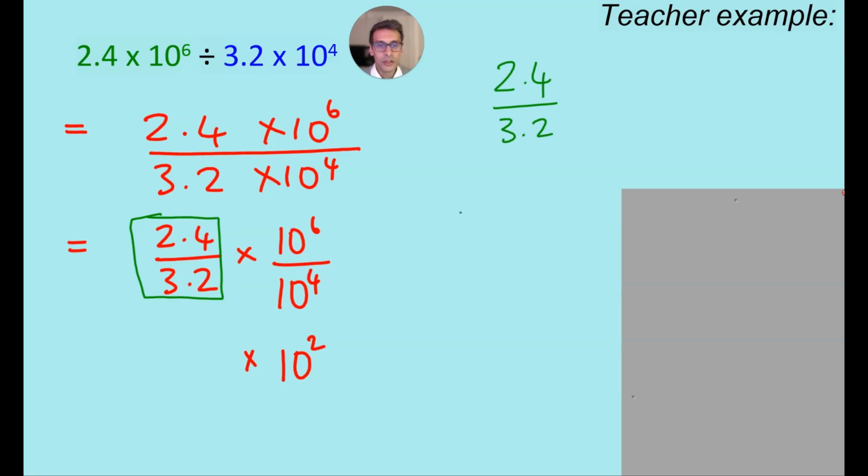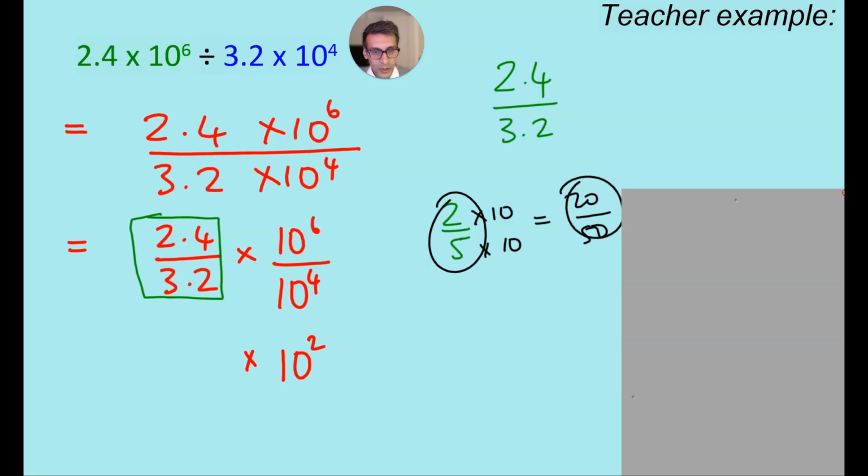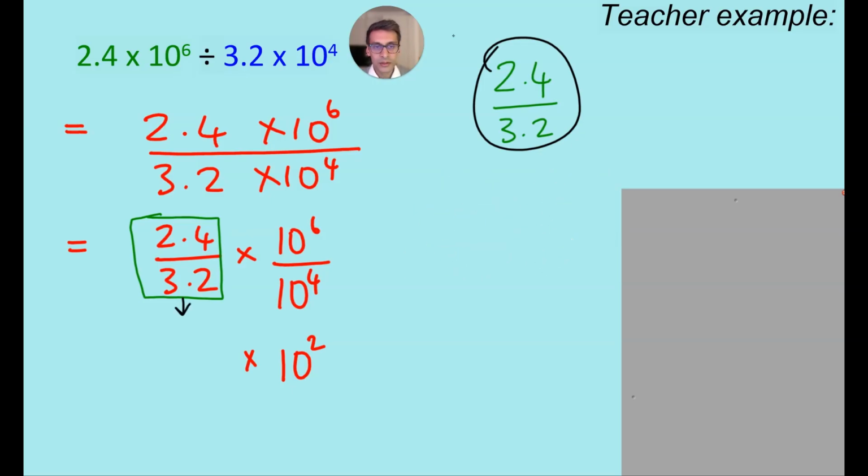If you remember with fractions, if I have a fraction like 2 over 5, if I multiply the numerator and denominator by any number, as long as it's the same number, for example times 10, I end up with 20 over 50. And the big idea here is 20 over 50 is the same as 2 over 5. They are equivalent fractions. So we're going to turn this into an equivalent fraction, and we're going to swap it with a nicer one.